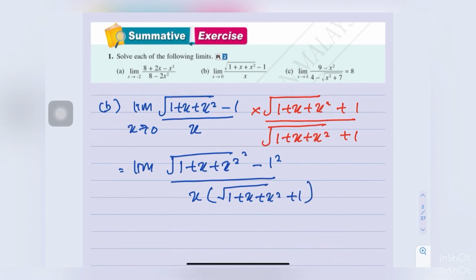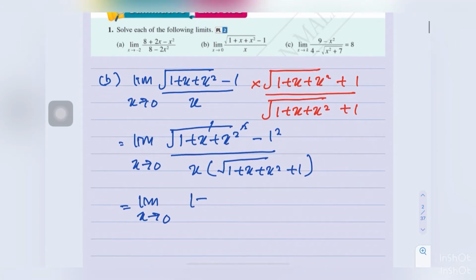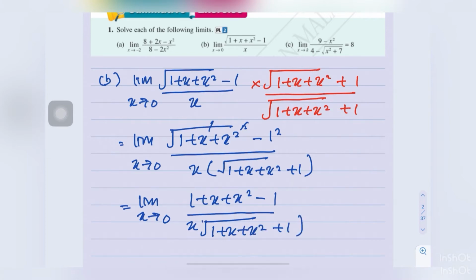Okay, so we can simplify when x approaches 0. The limit of (1 + x squared minus 1) over x times (square root of (1 + x squared) plus 1).